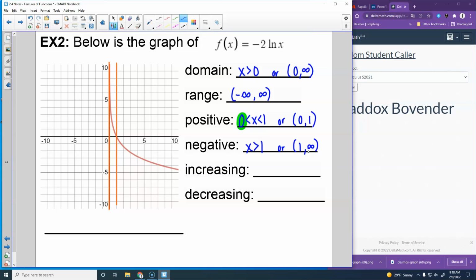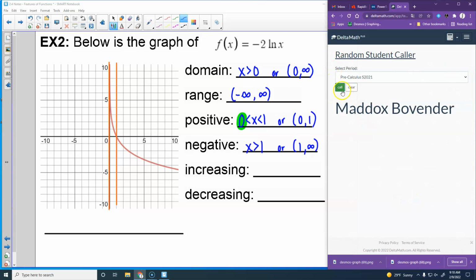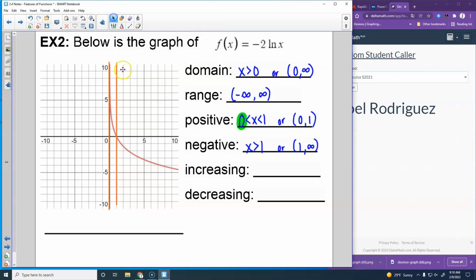All right. Let's see who gets increasing. Noel, where is this graph increasing? Or is it increasing? Okay, it never increases, right?